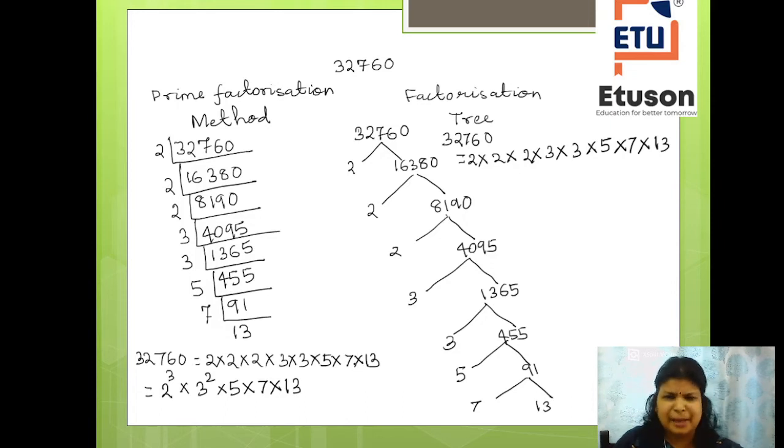They are the same, right? So in both ways you will get the same answer. So these are two methods in which you can find out the prime factors of your composite number. All these things you have already studied, so I hope your knowledge has been refreshed today, correct or not?